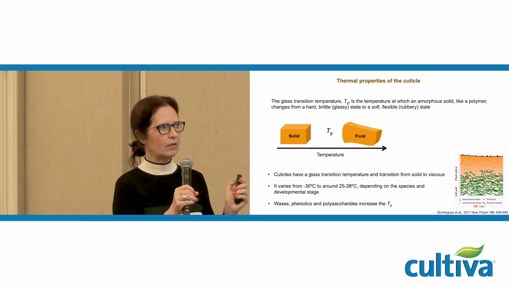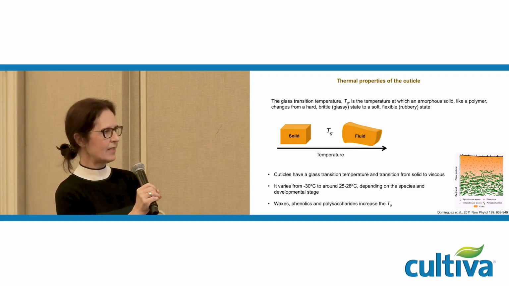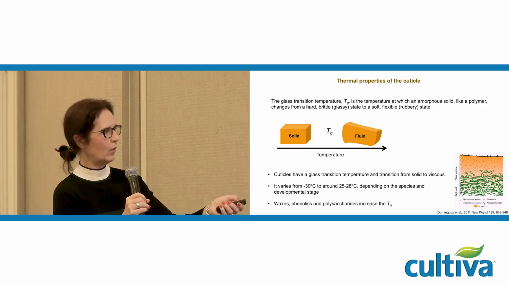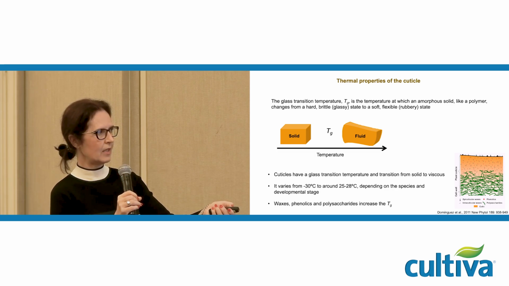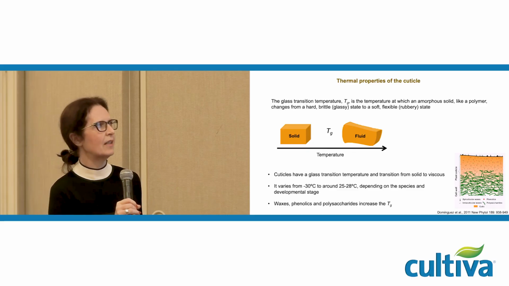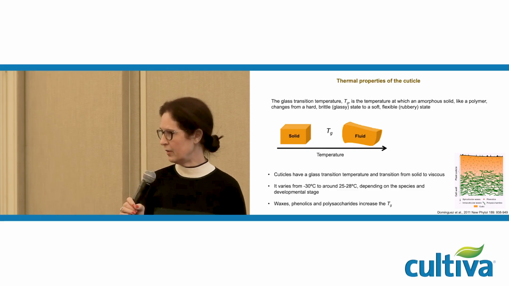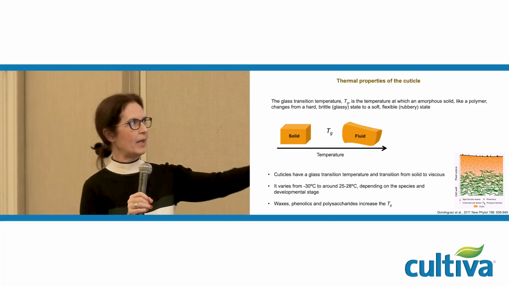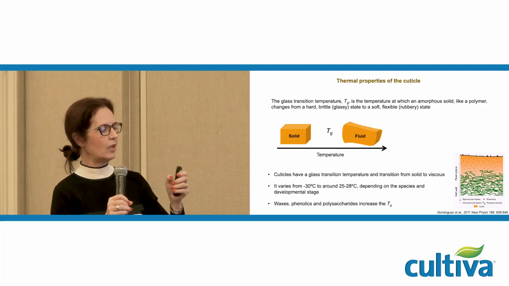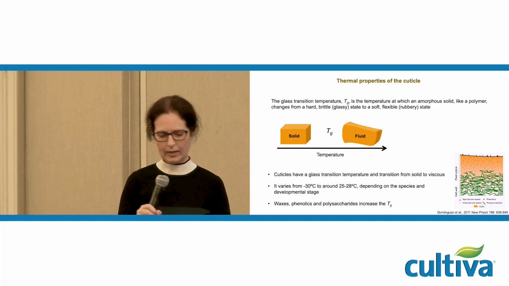And which cuticle compounds are responsible for that glass transition temperature? Well, waxes, phenolics, and polysaccharides, precisely the components that are responsible for providing mechanical resistance to the cuticle. Those are the ones that make the cuticle remain in a solid state and not move into a very rubbery one.